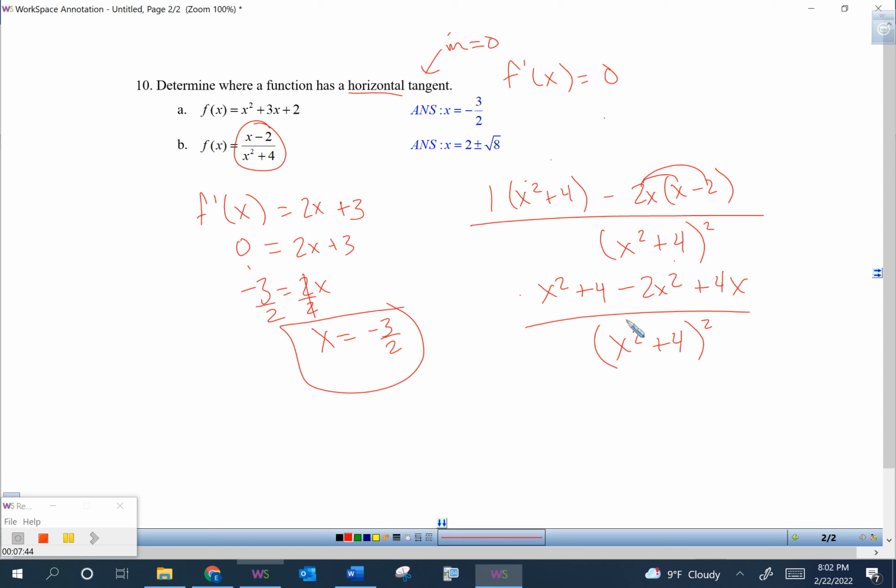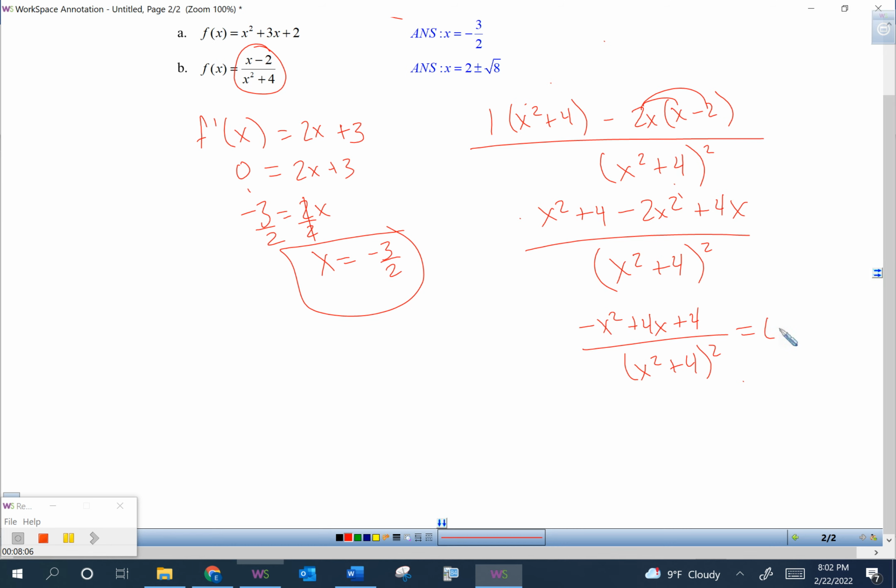Okay, so I'm going to go ahead and simplify one more before I set it equal to 0. So x squared minus 2x squared is negative x squared, and then I'll just write this plus 4x and this plus 4, just bringing it down. And then this whole thing, there's no real need to ever expand those out for quotient rules, and I'll show you why.